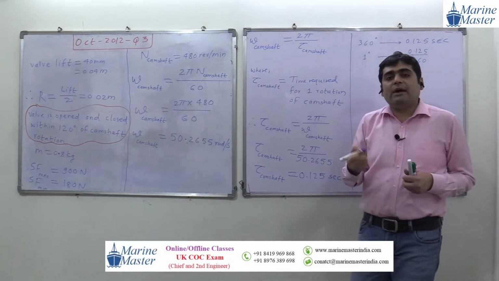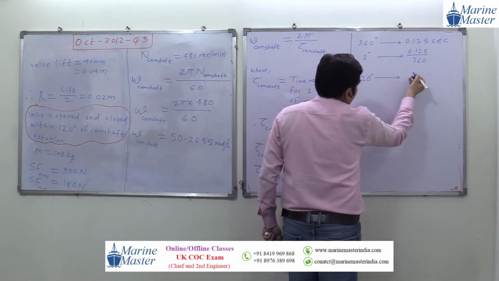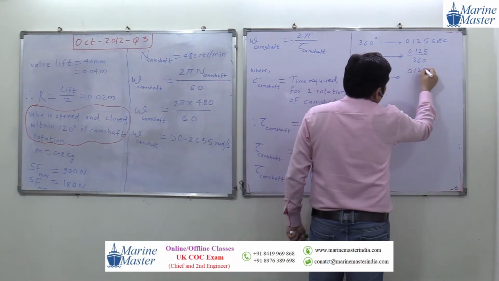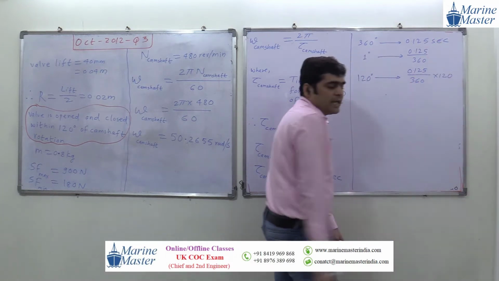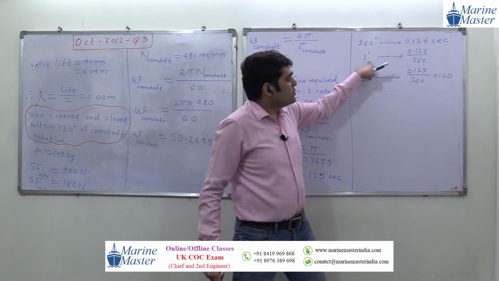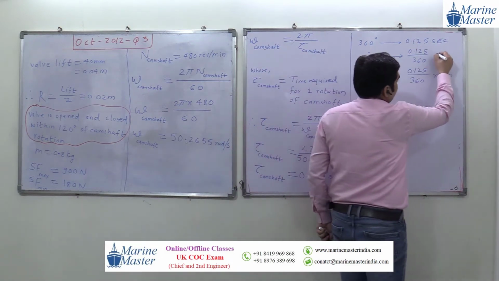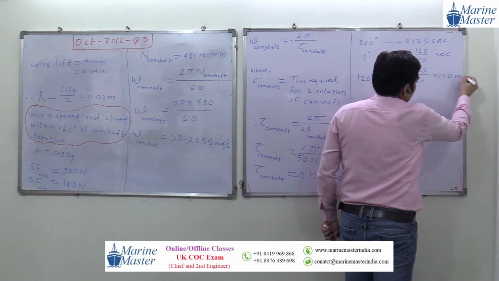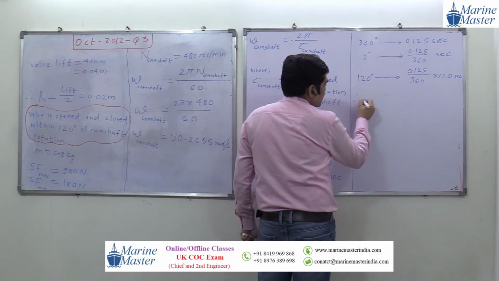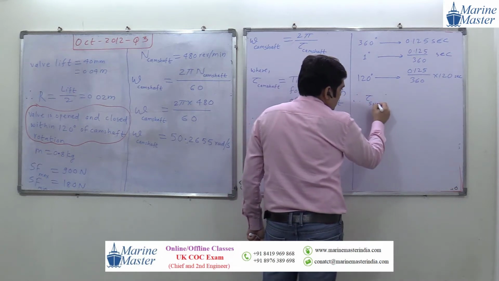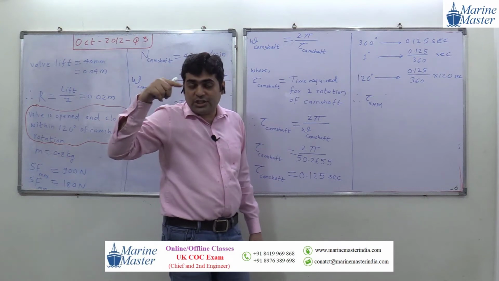Then how much time do we require for 120 degree? 0.125 divided by 360 multiplied by 120. Any doubt in this? This is for 1 degree, and whatever time we require, this much time. Any doubt in this discussion, guys? So therefore our tau SHM will be equal to what? SHM means the time for one complete oscillation of the valve.